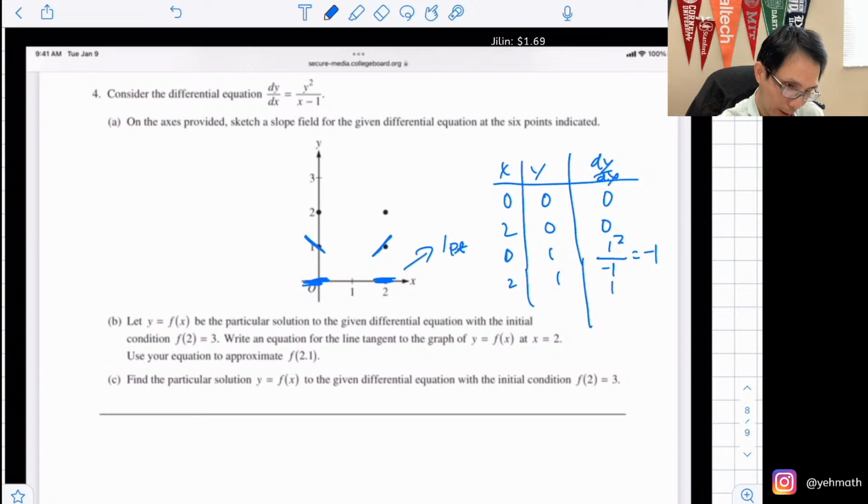And plug in 0, 2. What am I going to get? Well, 2 squared is going to be 4. 4 over negative 1, right? So negative 4. So it's a very steep negative slope. Maybe something like this. And what happened? 2, comma 2.